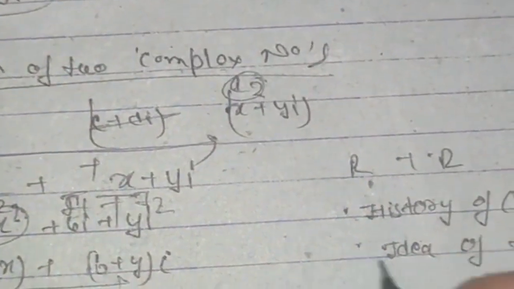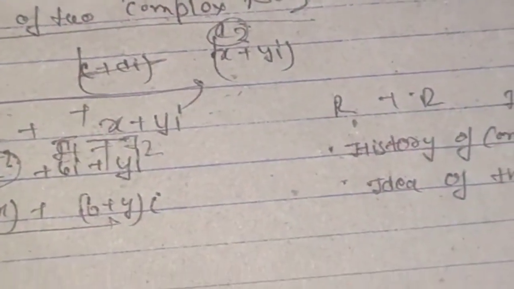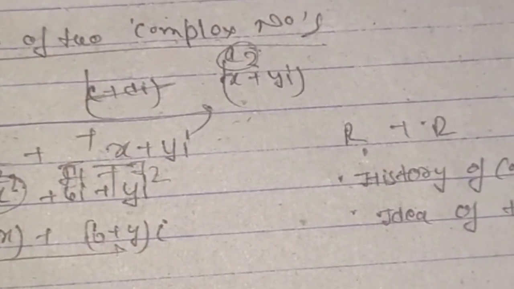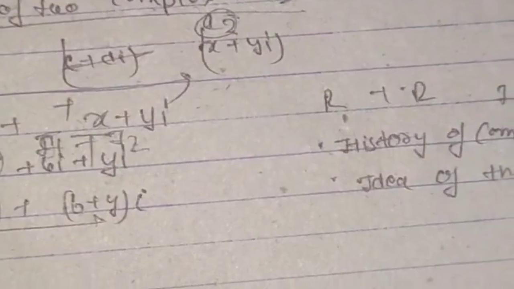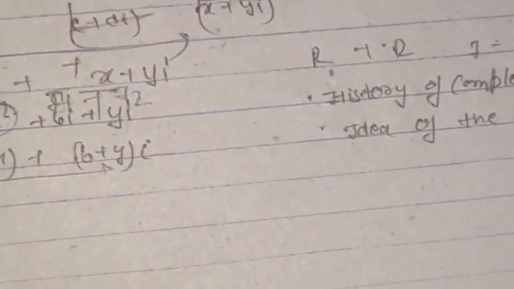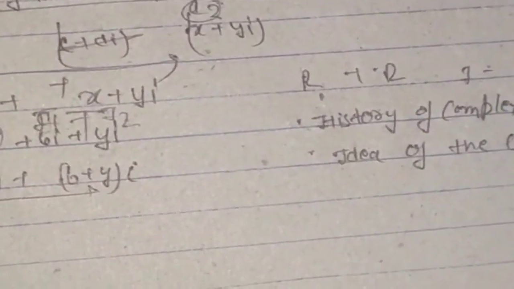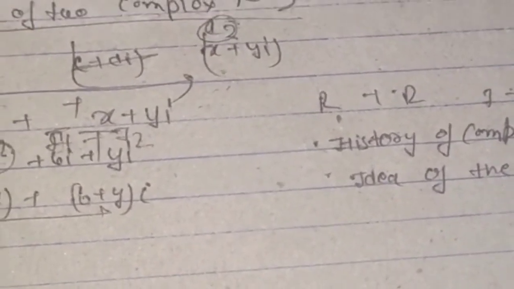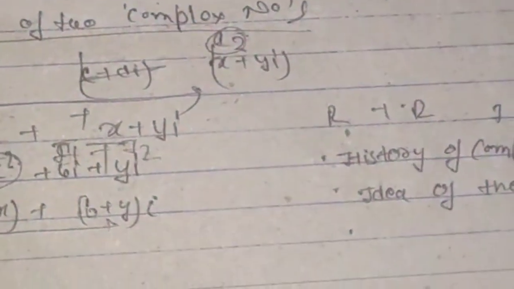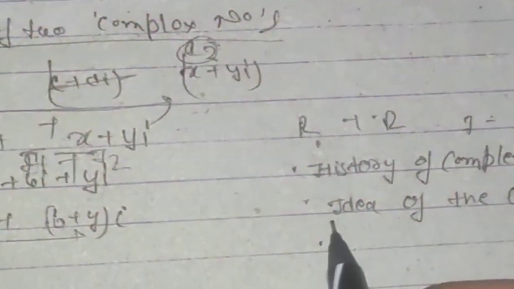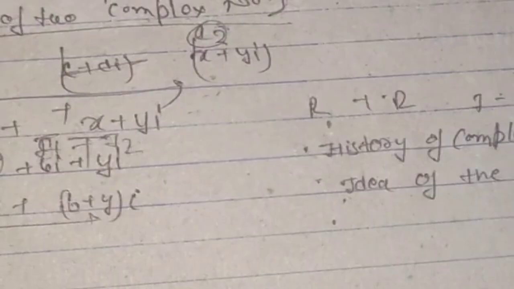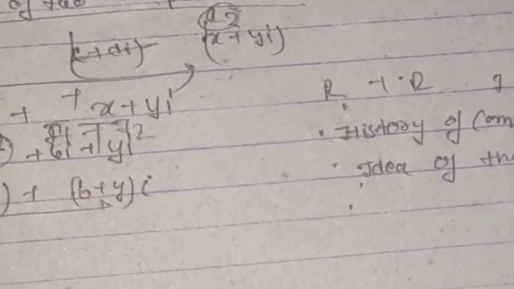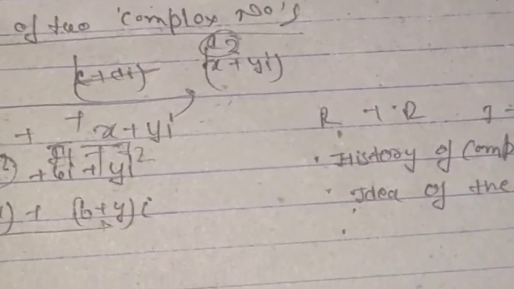Means, who created the complex number, what is the idea that he created a complex number rather than all infinite numbers? So why were the complex numbers thought of in this way? Let's think about it. Okay, that's the idea of the complex number.